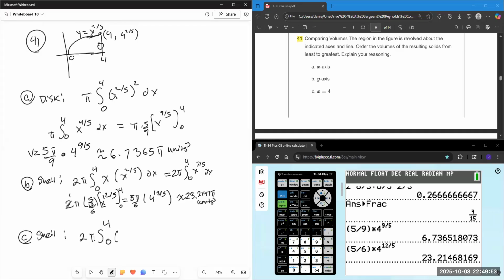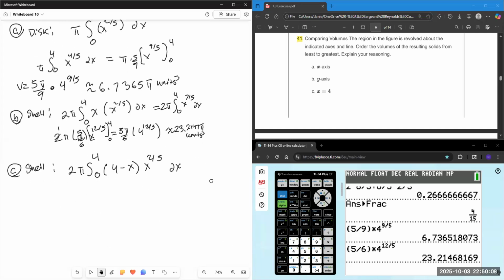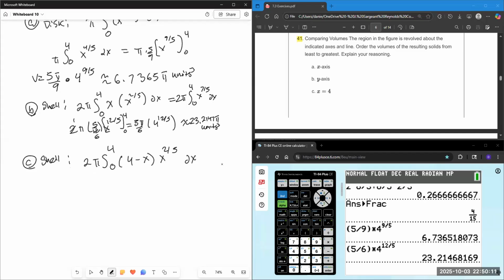So distance to my axis of rotation is 4 minus x, x to the 2/5 dx, and this is 2 pi, 0 to 4, 4x to the 2/5 minus 2 pi, 0 to 4, x to the 7/5 dx.